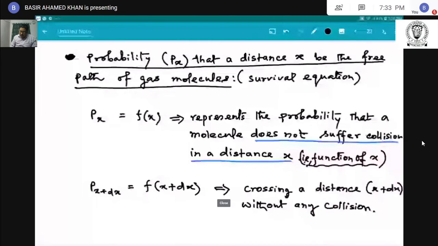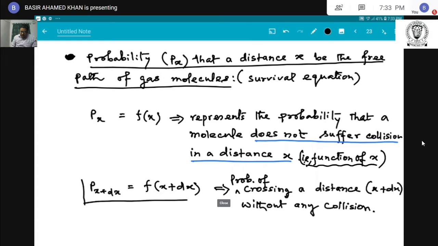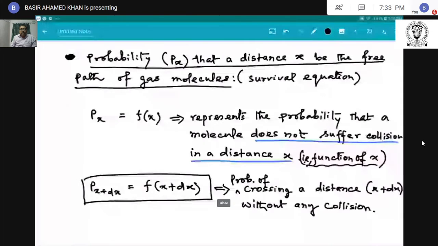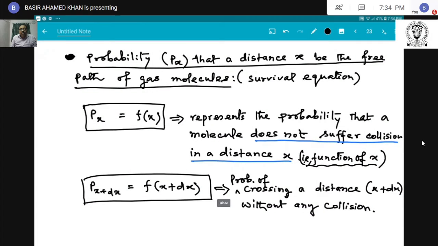This is the probability px plus dx of crossing a distance x plus dx without any collision. This is the function of x plus dx. That's why I write px plus dx equal to function of x plus dx, and px equal to function of x.